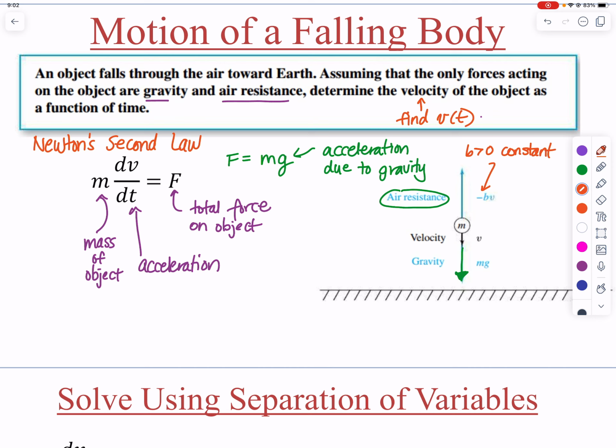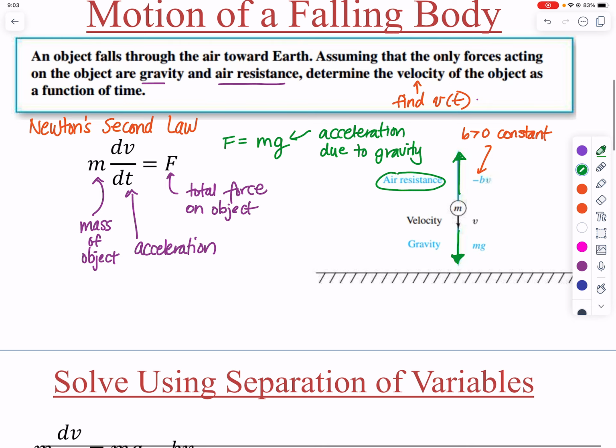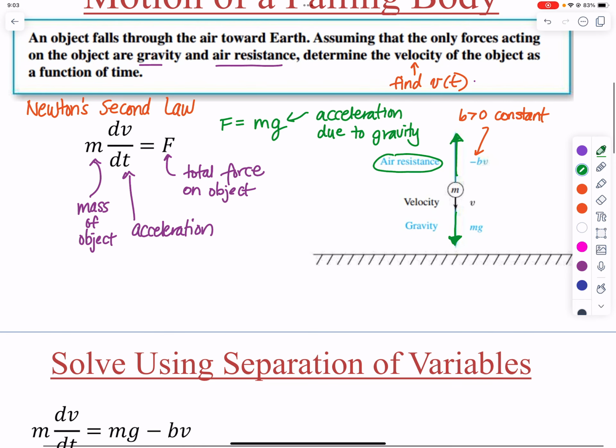The air resistance will act on the object as shown here in the diagram. So there we have our air resistance. Okay, so taking this into account, we could also say force is mg minus b times v, and this will be our air resistance.